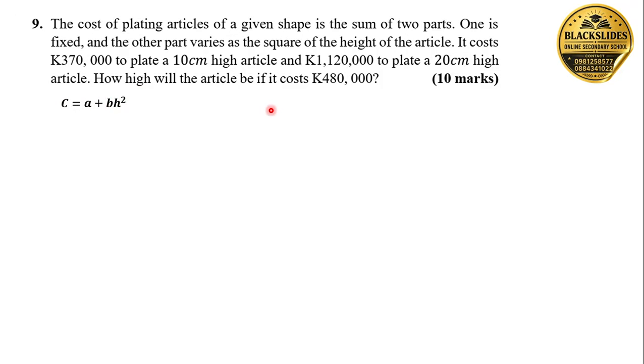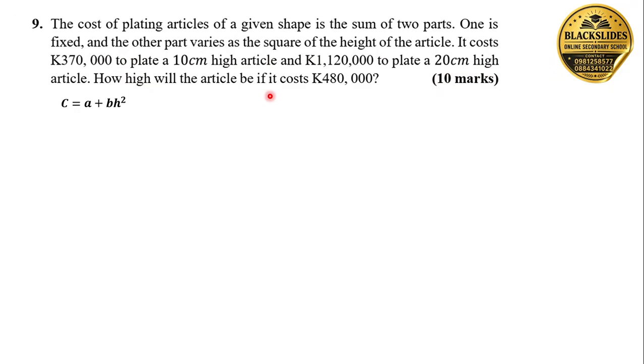Alright, without further ado, let's use the values that we are given. The initial values basically allow us to find A and B. It costs 370,000 to plate a 10 centimeters high article, and 1,120,000 to plate a 20 centimeters high article.